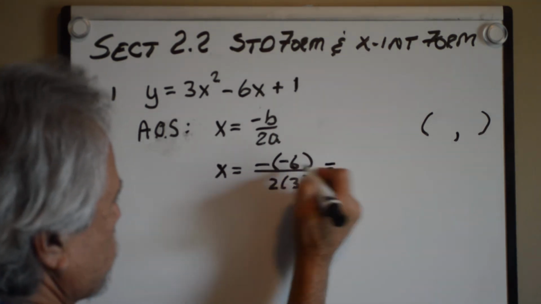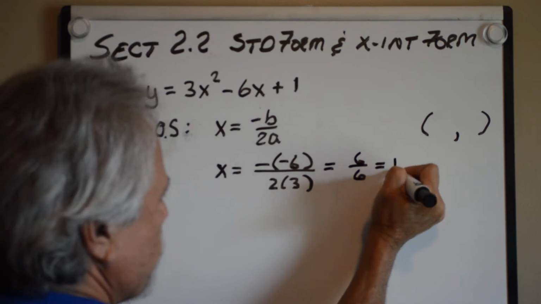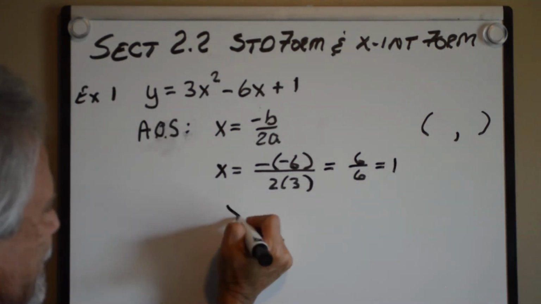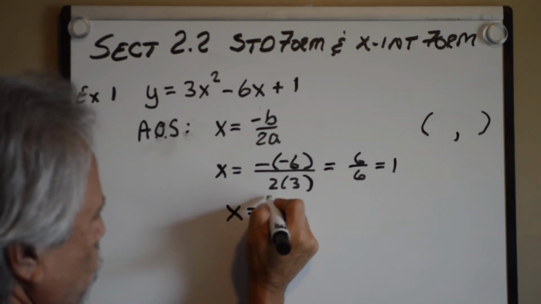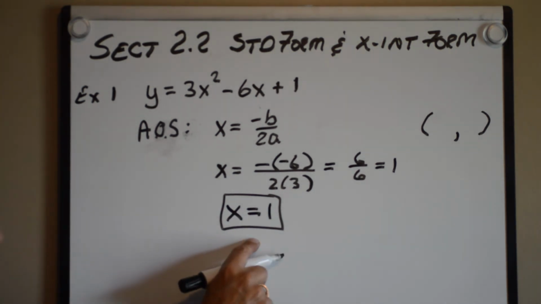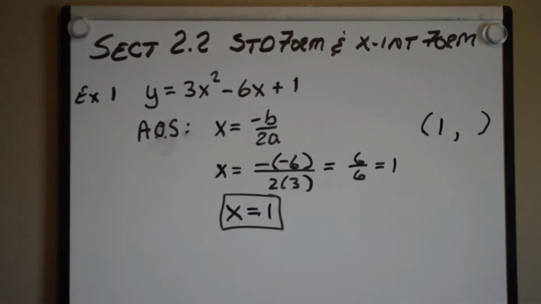So this is equal to a positive 6 over 6, which is equal to a positive 1. So my axis of symmetry is a line, so it's an equation. x equals 1. You cannot say just 1. It's x equals 1. Once I know x equals 1, I can go to my vertex and say x equals 1.